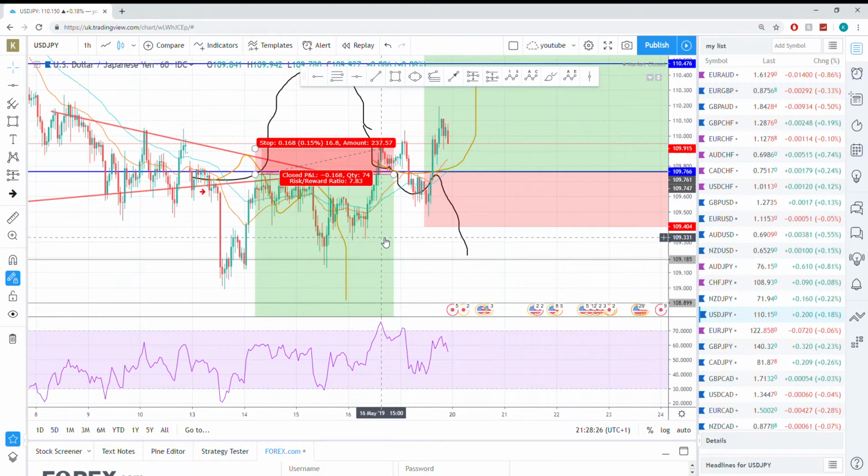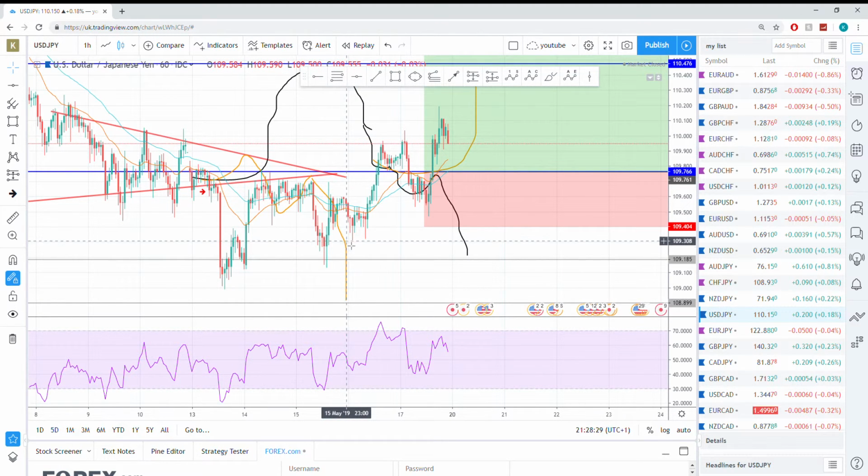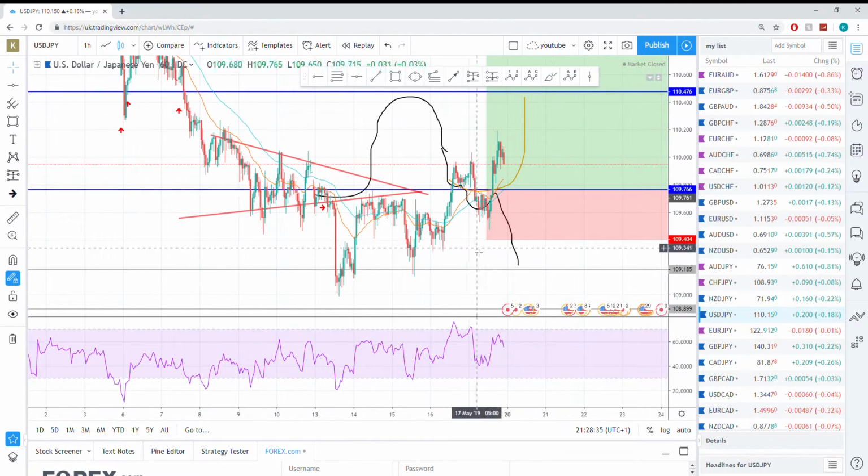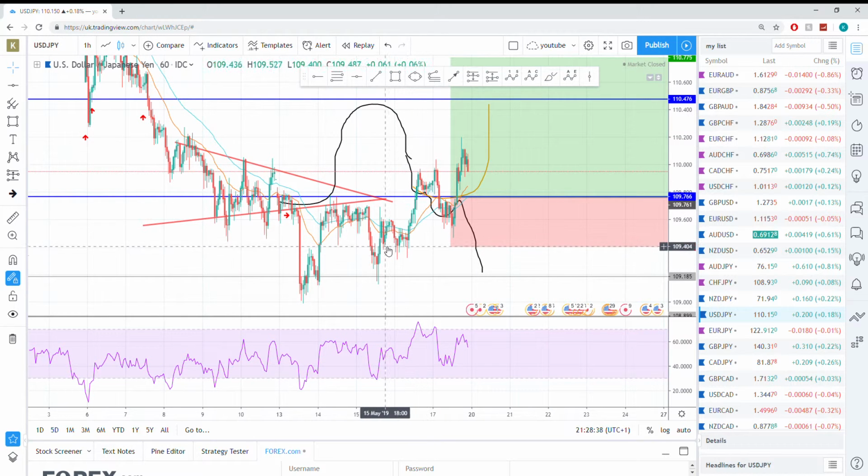Okay, so if we get rid of all the drawings that we made, we can make it a bit clearer. The other scenario that I pinpointed was that we would break from the upside.